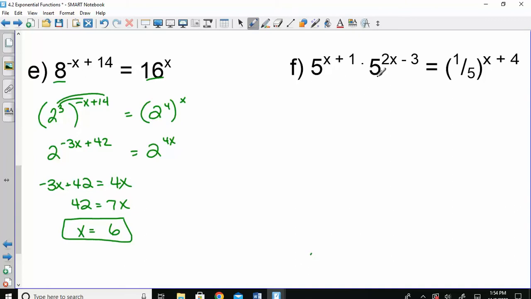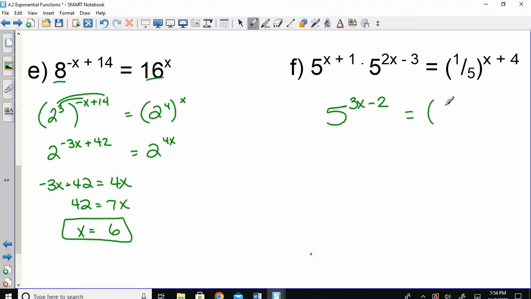When I look at the left-hand side, I have the base of 5 written twice. When you're multiplying and that base is written each time, what do you do with your exponents? Add them. So I need to combine this first, and I'm going to add those exponents. So that's 3x minus 2.